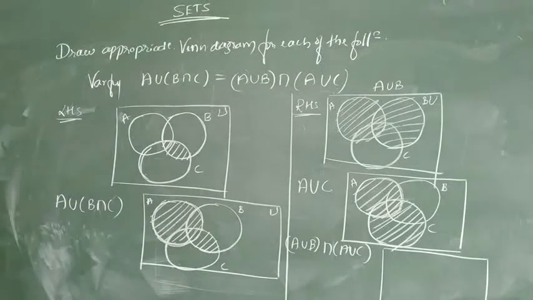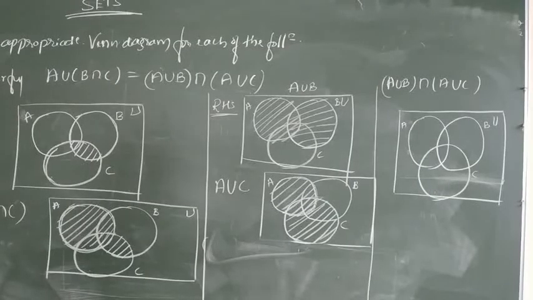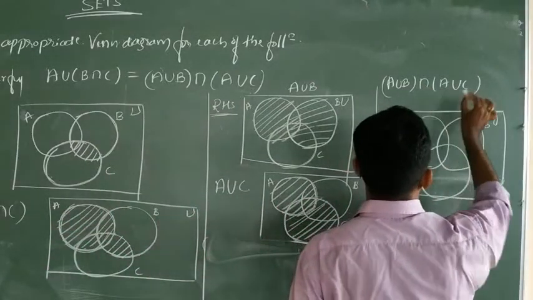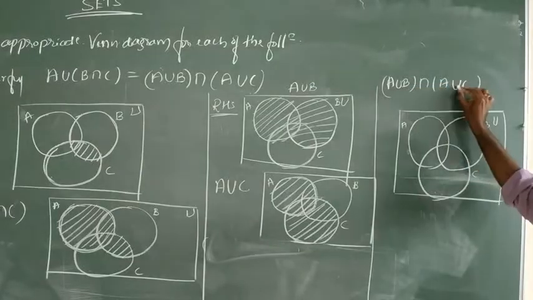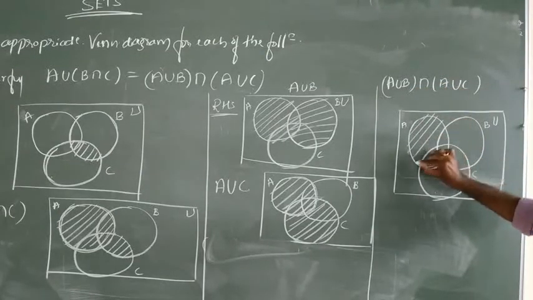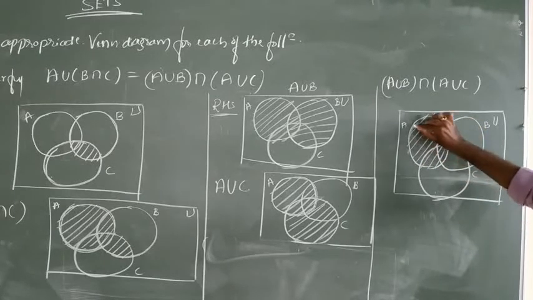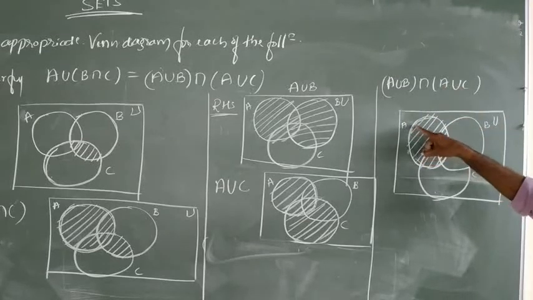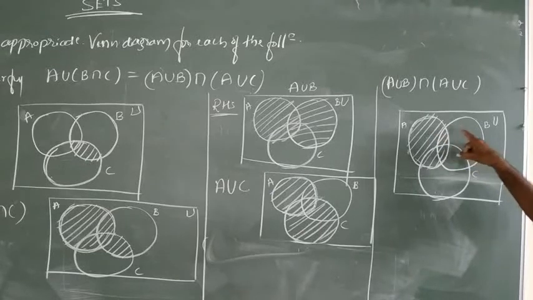So how to solve this? I will make it clear here. When I intersect A union B with A union C, A is common to both. First I will fill up set A completely, because it is in both A union B and A union C. A union B means the elements present in A or in B or in both.